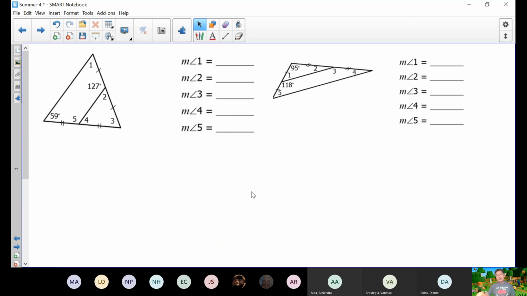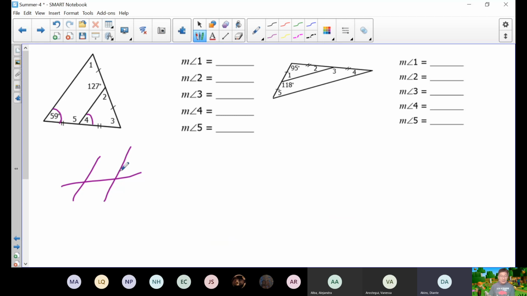Okay. Now, this one is almost the same and a little different about the angle matter. This angle is corresponding with this one, right? Because think about this parallel line. This is a corresponding angle, right? So 59, angle 4 is what? 59.